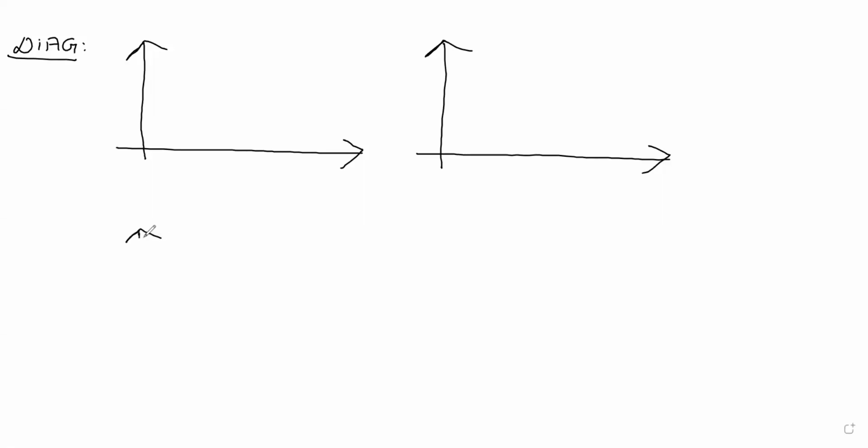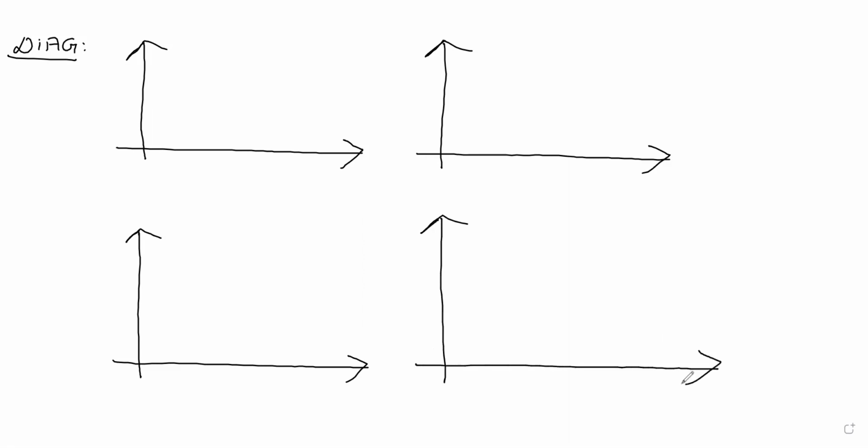As you all can see on your screens, these are the 4 diagrams. We have x-axis, we have f of x. In all the diagrams, we have x and f of x.